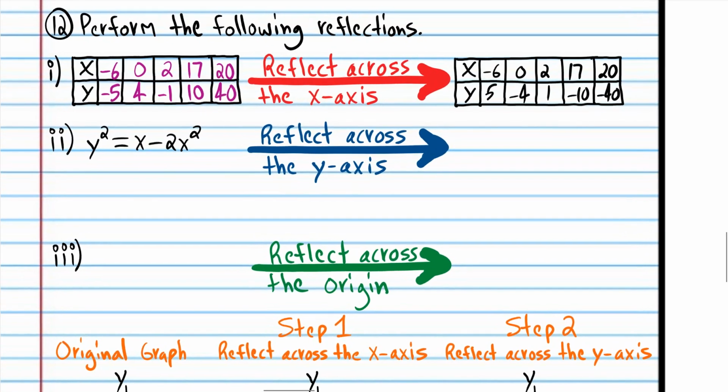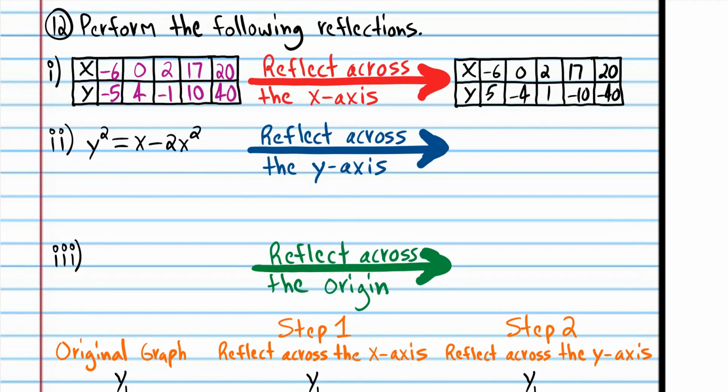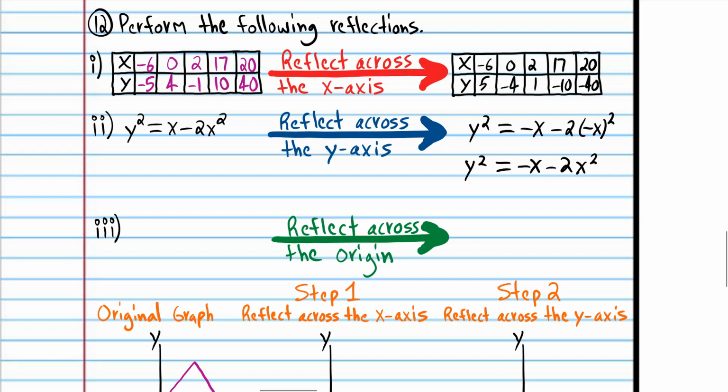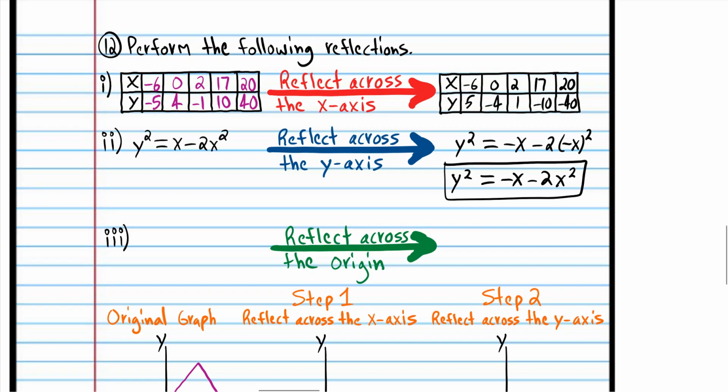And then if we're going to reflect across the y-axis, we change the x to a negative x in our equations. And we're just going to simplify a little bit. If you square a negative, the negative just disappears. So there you go. That is the equation of the relation that is reflected across the y-axis.